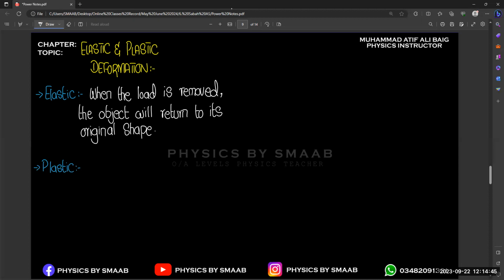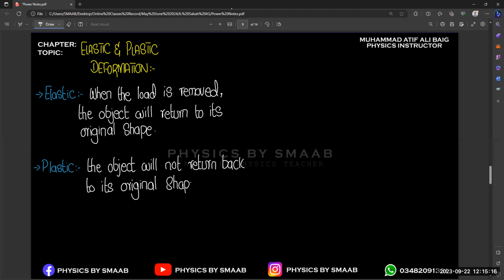So in plastic deformation, when the load is removed, the object will not return back to its original shape or length, and this will be beyond the elastic limit.